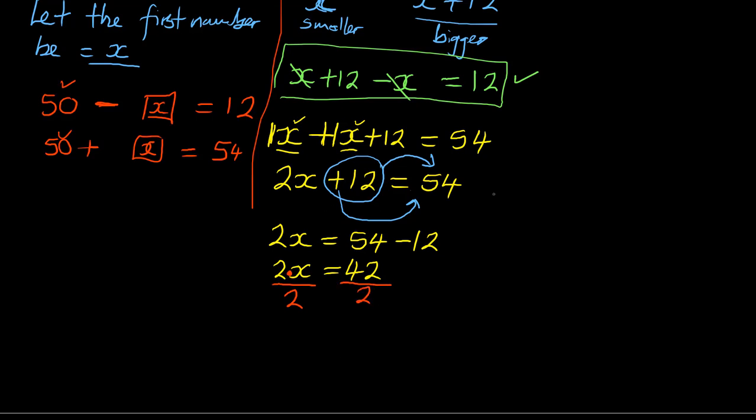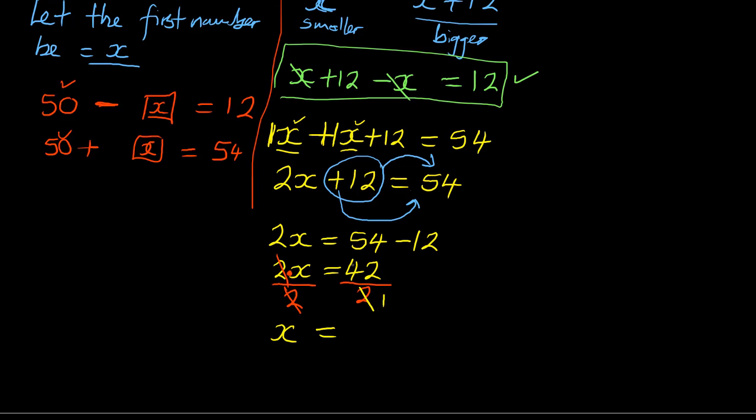What we did earlier, where there was a plus between 2x and 12, the opposite of plus, remember, is minus. So when there's a plus, you subtract, but when there is a multiplication sign, you introduce a division sign. Then you divide to say x in this case is equal to 42 divided by 2.